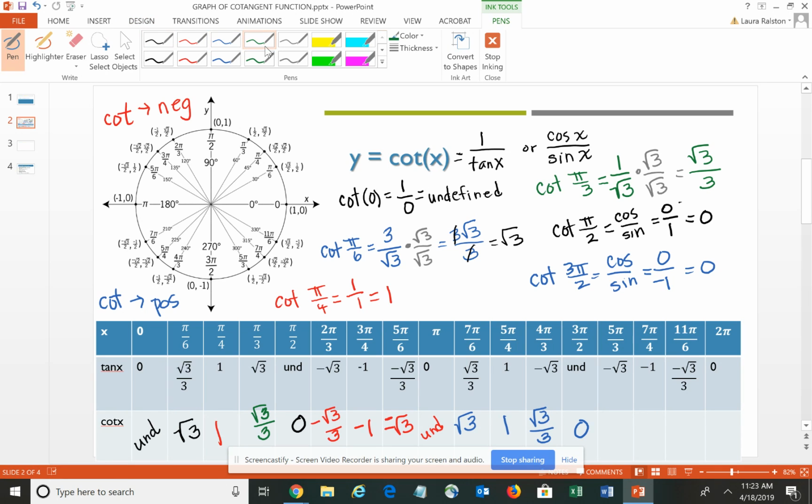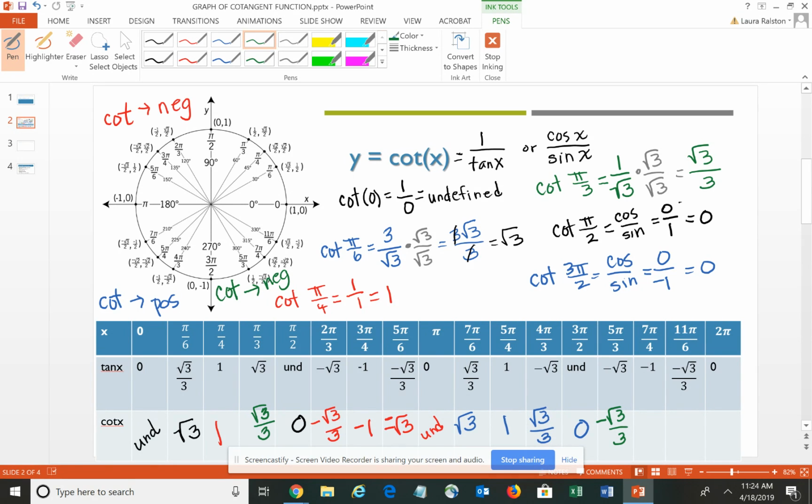And then I'm around into the fourth quadrant, and in the fourth quadrant, I have a positive cosine divided by a negative sine. So overall, the cotangent would be negative. The cotangent of 5 pi thirds would be negative square root 3 over 3.